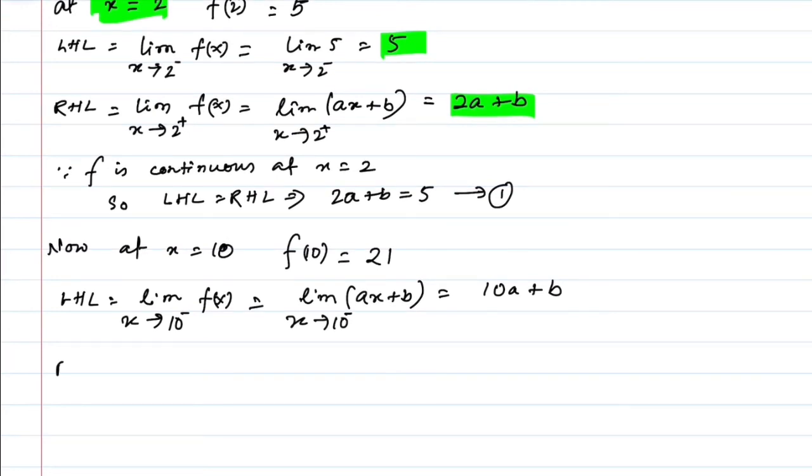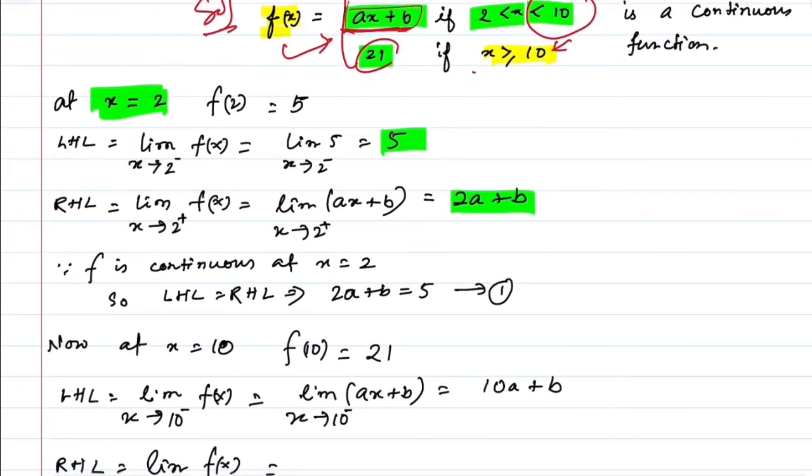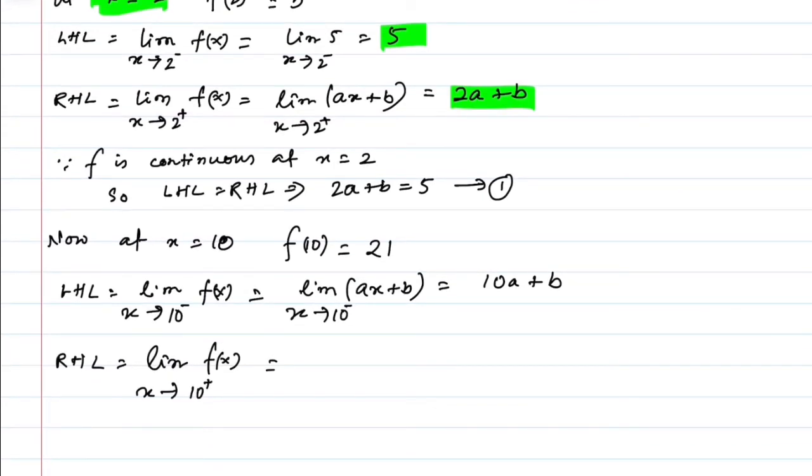Okay, again let us find the right hand limit. That is going to be limit f of x, x tends to 10 positive. Let me show you the function here. Again you see, for x greater than 10, f of x is 21. So that is why here you will get limit 21 when x tends to 10 positive, that is going to be equal to 21.